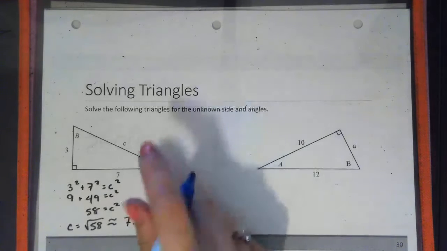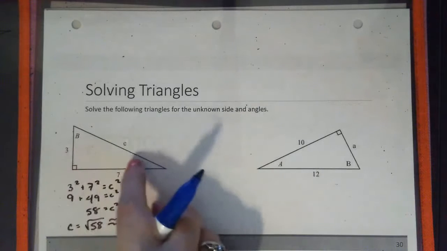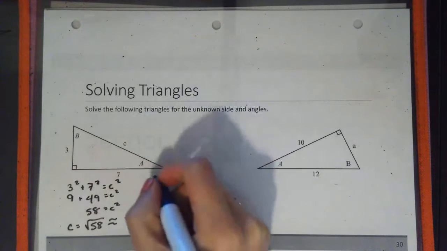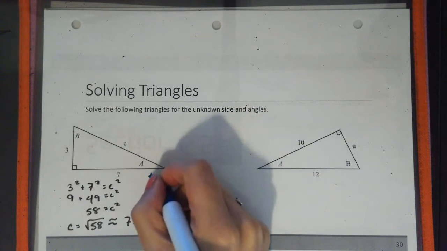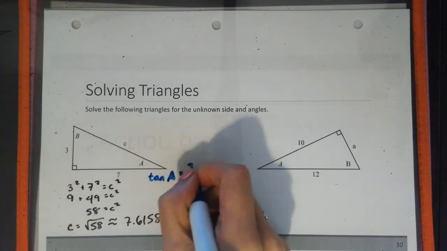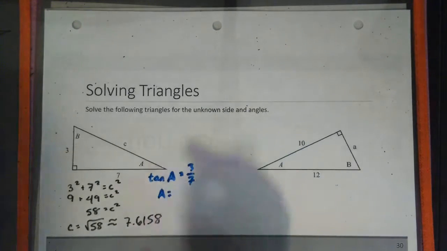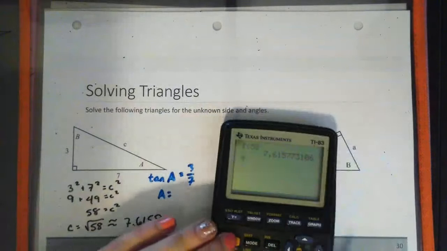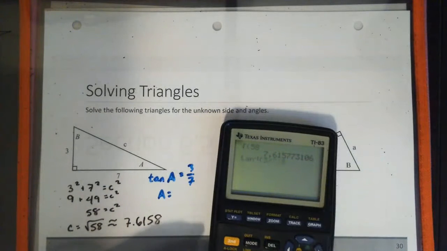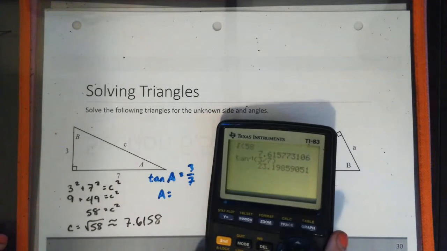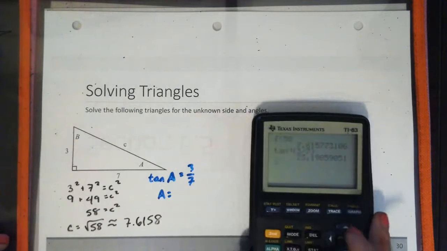So if we start with angle A, the opposite is 3, the adjacent is 7. So I could say the tangent of angle A is equal to 3/7. And that would mean A is equal to the inverse tangent of 3/7, which is 23.20 degrees.